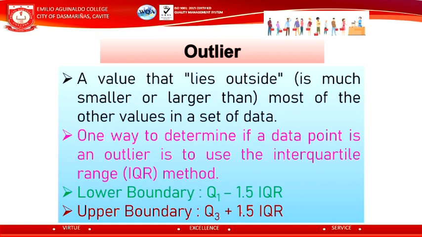One way to determine if a data point is an outlier is to use the interquartile range method, or the IQR method, wherein the lower boundary is equal to the first quartile minus 1.5 times our IQR, and the upper boundary is equal to the third quartile plus 1.5 times our IQR. That's why I said earlier that the determination of the IQR is very important for outliers.